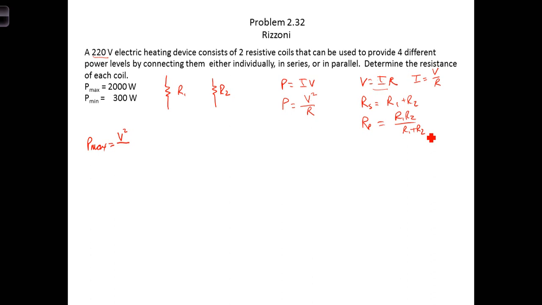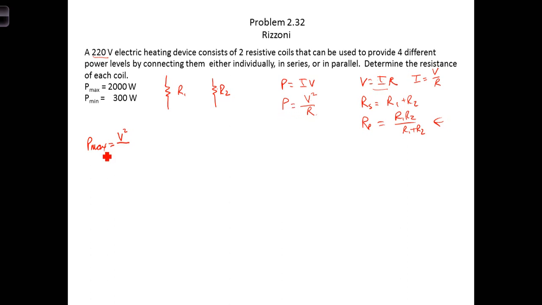Further, we know in this form that the parallel combination of two resistances is less than the resistance of either of the resistors individually. And in series, the resistances add, so the series resistance is larger than either of those two resistors individually. So R sub P, the parallel combination, gives us the smallest value of R, which when we plug into this formula gives us the largest value of P.